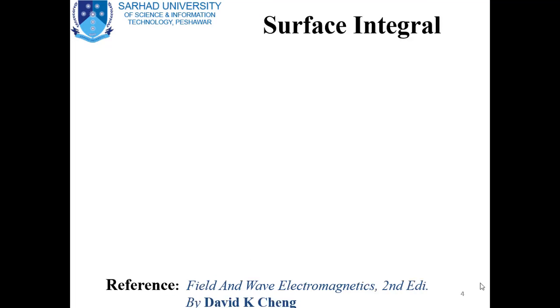So let's start our first topic, which is about the integral calculus, and in first slide we will solve a surface integral. So we have to evaluate a surface integral for a closed cylindrical surface.